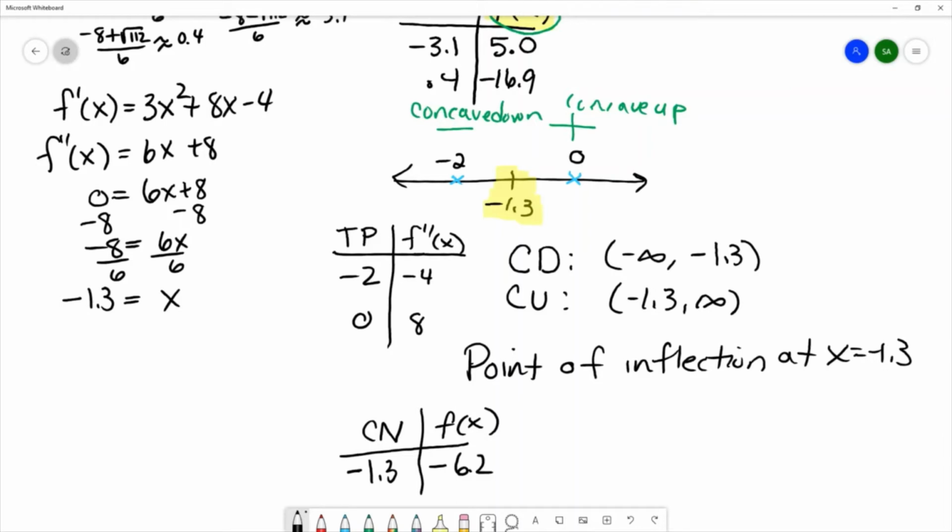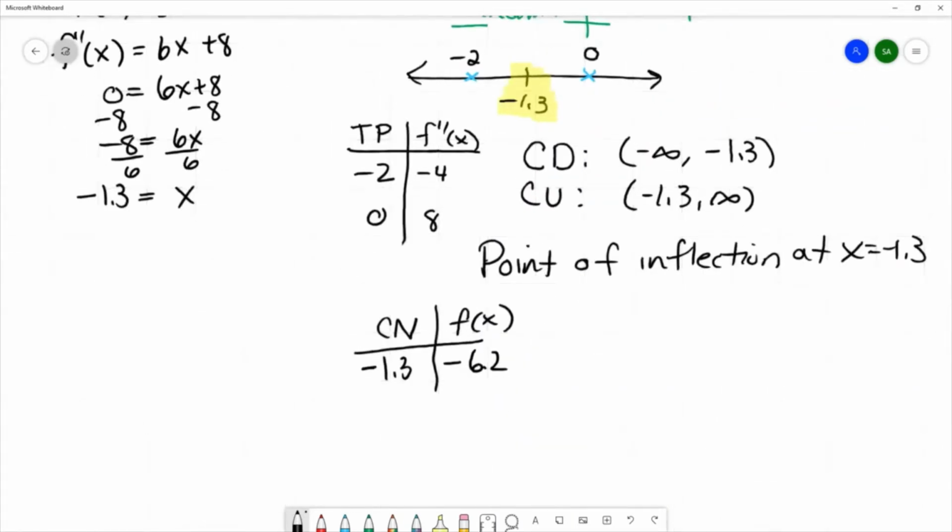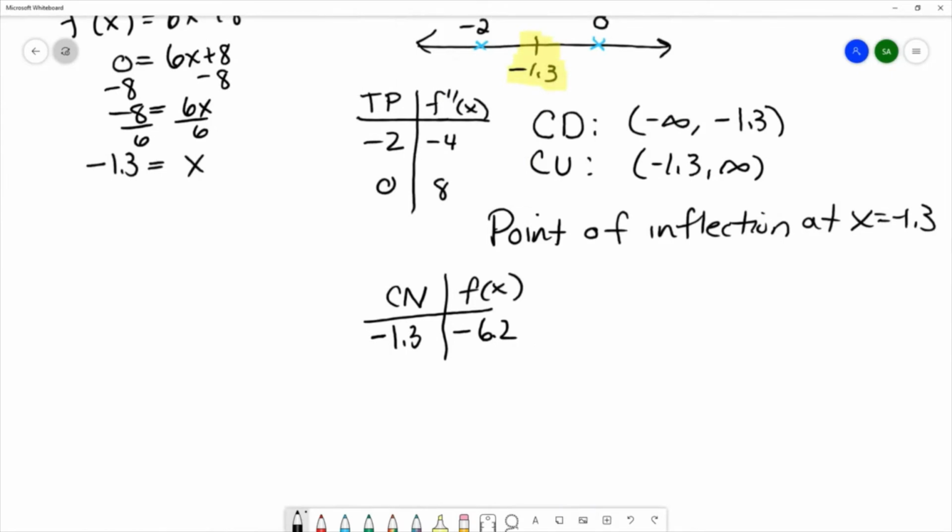So we have the ordered pair of -1.3, -6.2 being the point of inflection. So that's the extent of the calculus information we're going to get. There are a few pieces of algebra information that will be helpful.